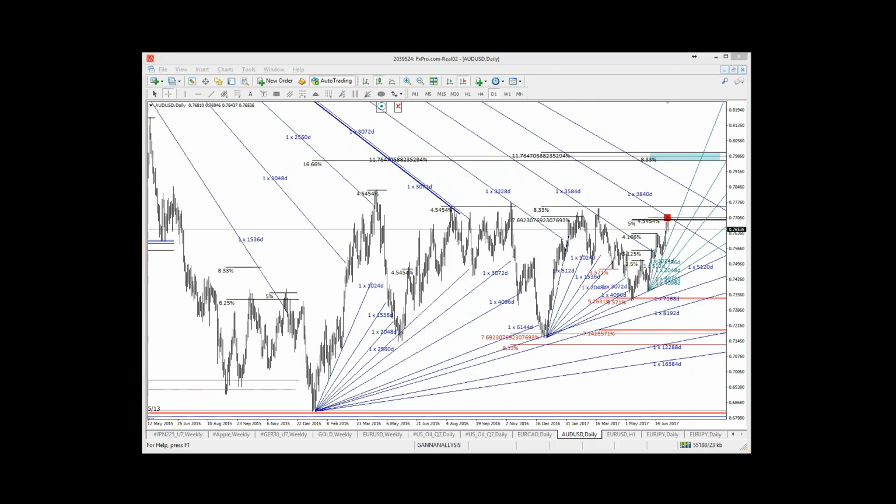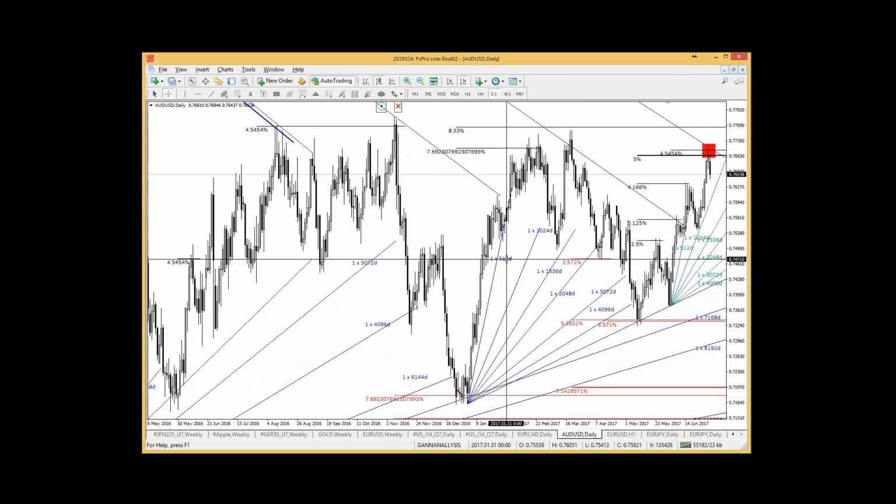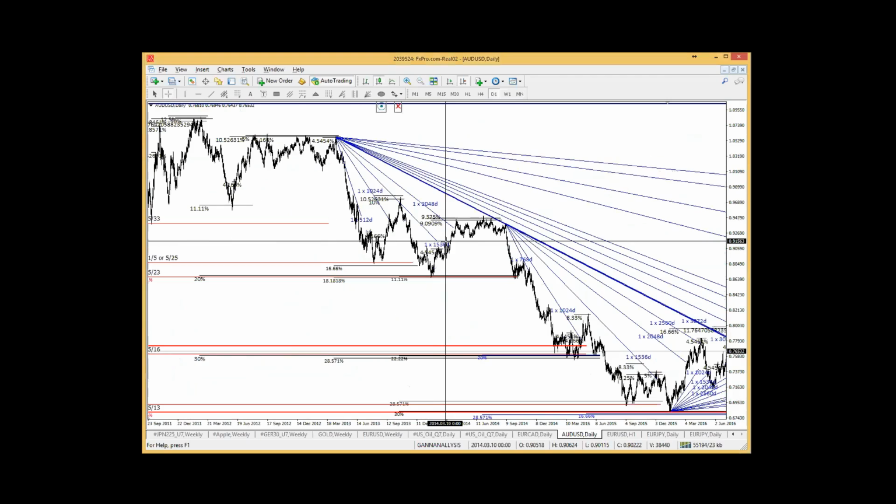So Helena here asks, 7.14 is double of what? Just unmute Helena to understand more. Helena, 7.1428 is not double of anything. It is an important percentage that we are watching in AUDUSD.